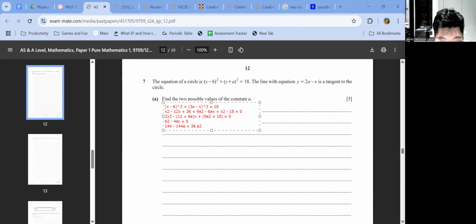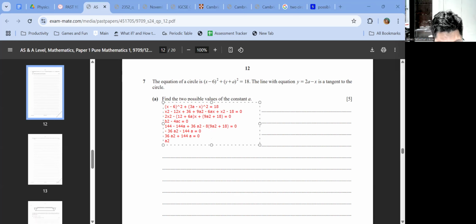And that gives you what it's solved for. This is going to be solved like this.